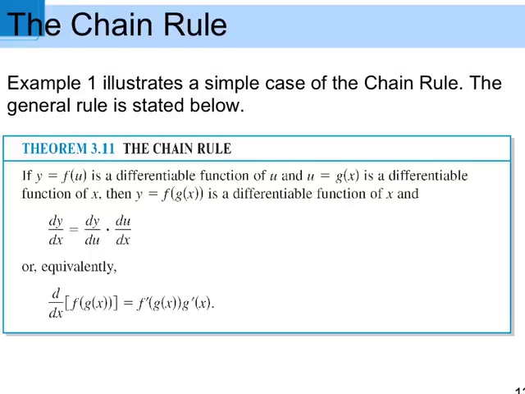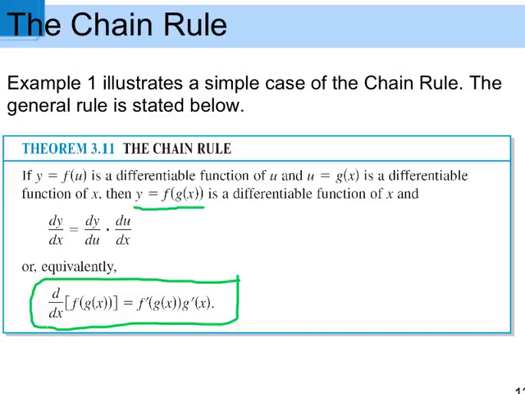Okay, so there are different ways to write the chain rule. This right here, I'm going to box this in. You want to know that this is the most general form and probably the most useful and most common form of the chain rule. So you're going to use it when you know that y is some composite function, f of g of x, like on the last page, sine of 6x.